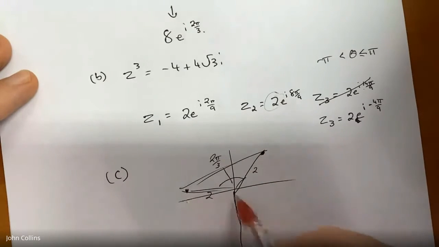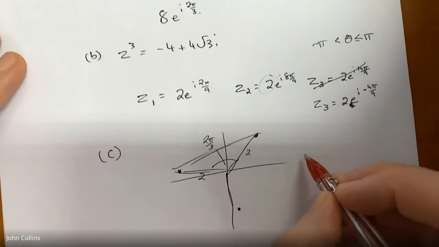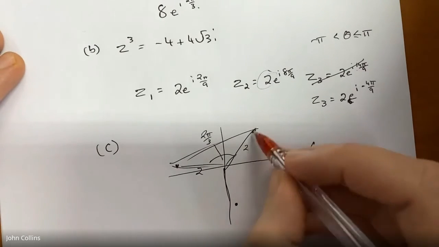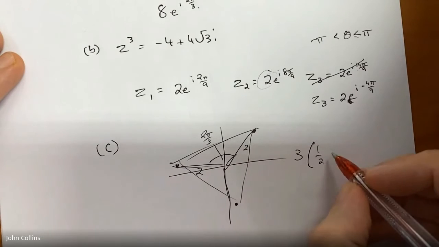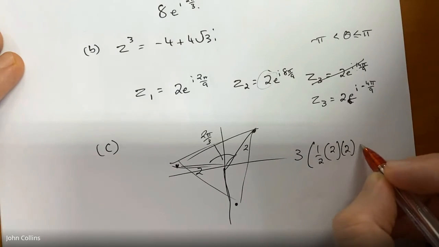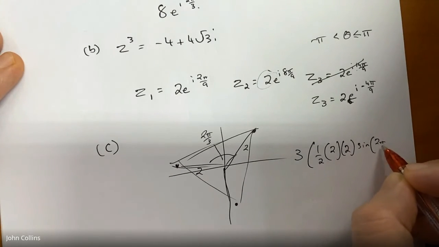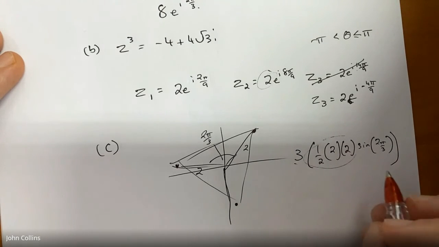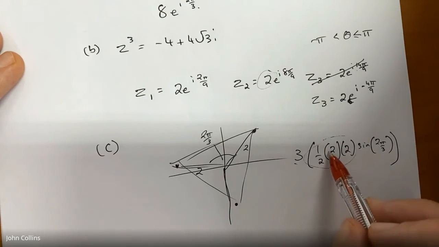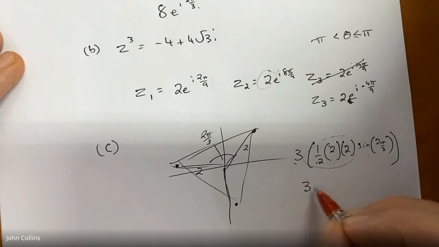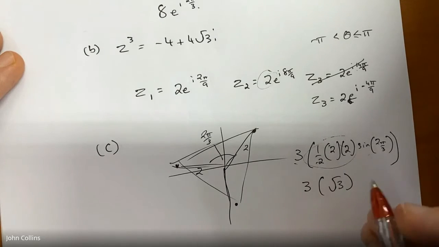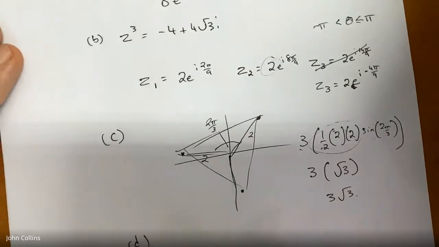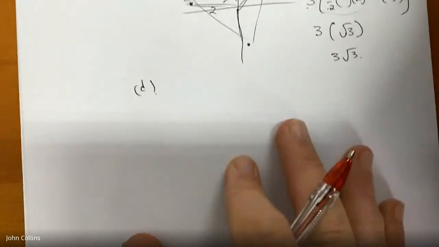So there are 3 of these triangles, each half times 2 times 2 times sine 2 pi over 3. That's root 3 over 2, and then the half of 2 cancels out, so each becomes root 3. So it's 3 root 3 is our answer. Okay, so that's part C.